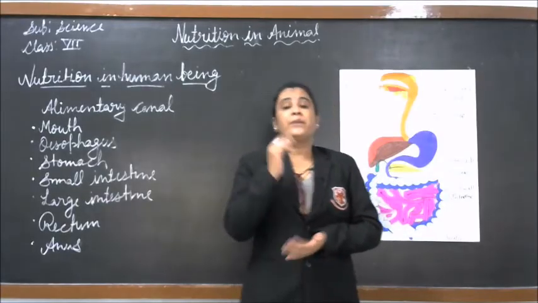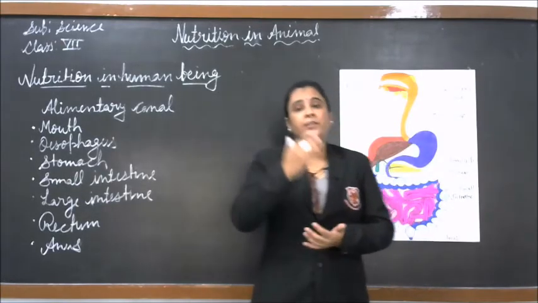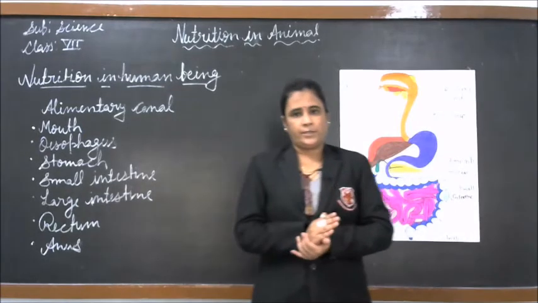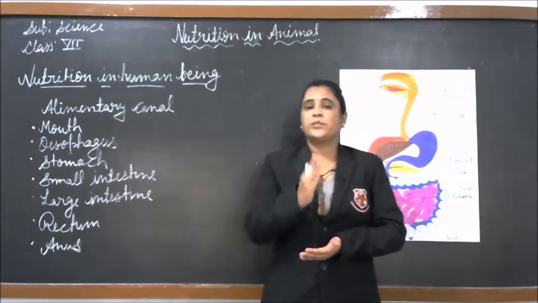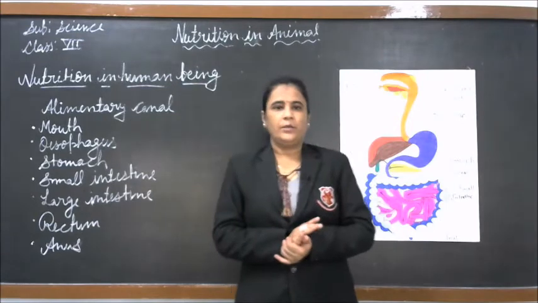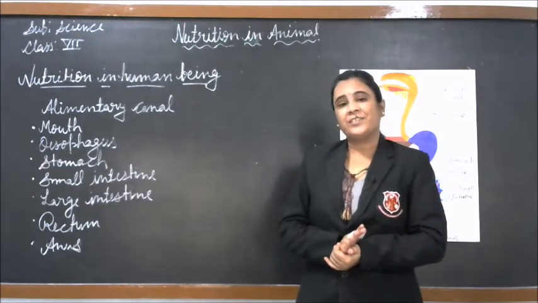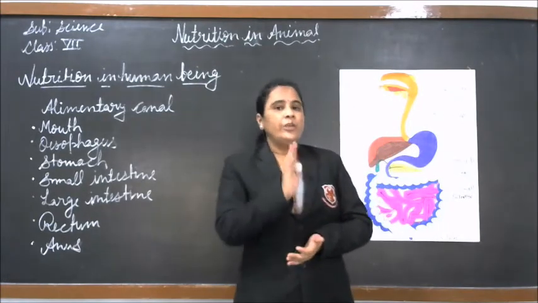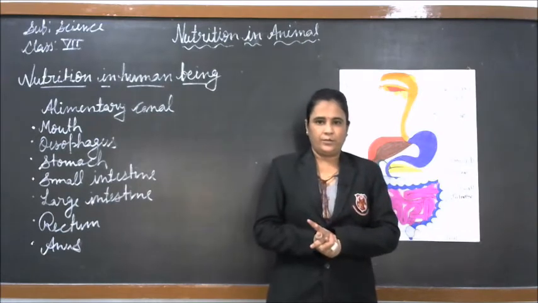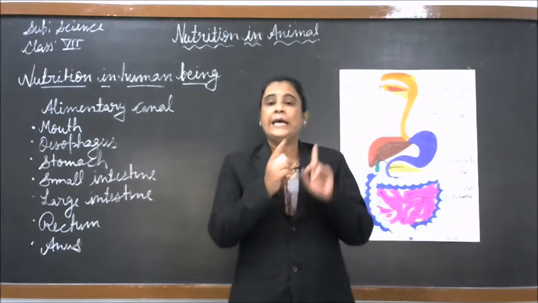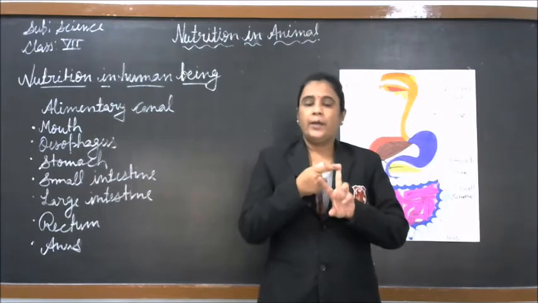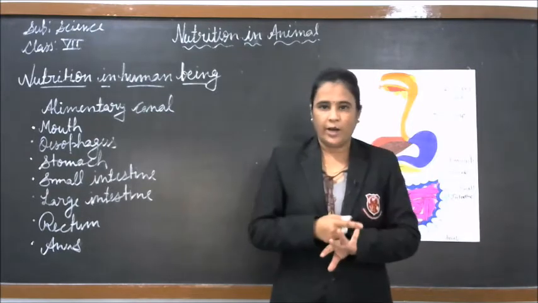The teeth in our mouth break the food into smaller pieces. This process is known as mastication. The four types of teeth are incisor, canine, premolar, and molar.